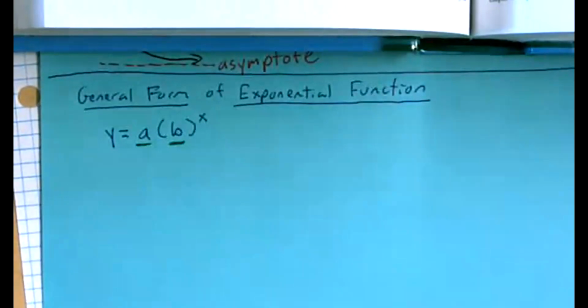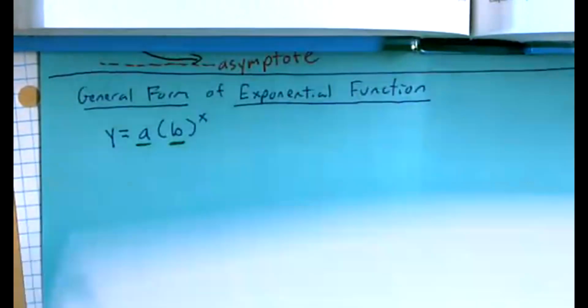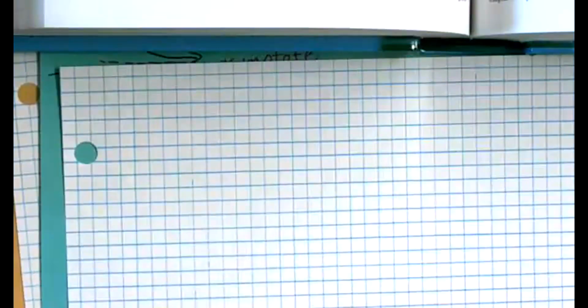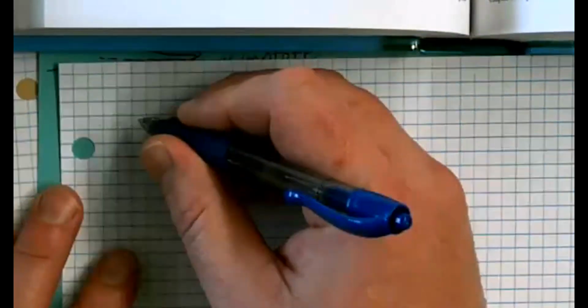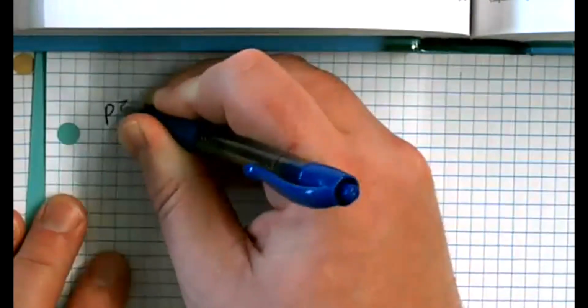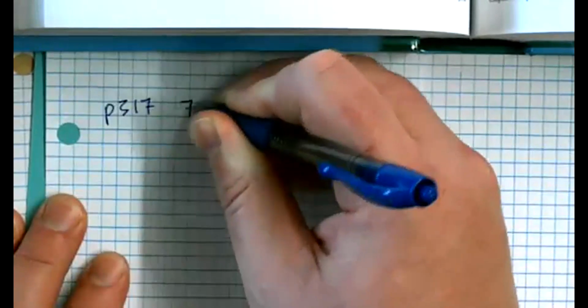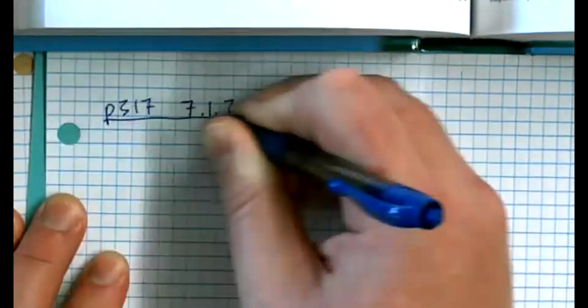All right, so I'm switching over to my notes here. And I'll give you a page number so you can get to the correct page. We're going to be on page 317, 317. We're in section 7.1.2, and we're going to start off with number 20.